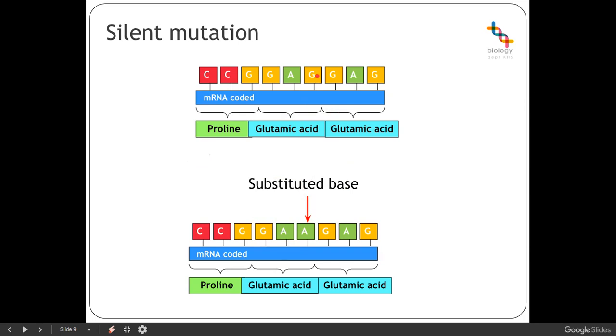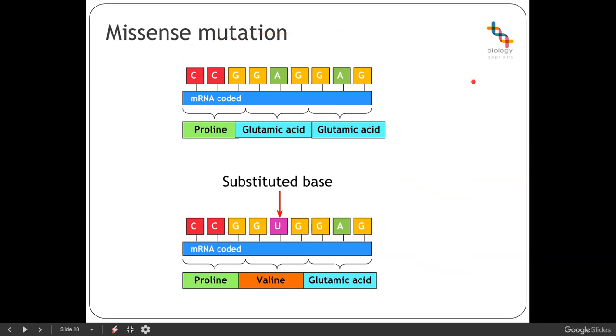All we've had is we've substituted this G for an A, but it's resulted in the same amino acid being included within the polypeptide chain. And that's what we refer to as a silent mutation, because you wouldn't notice it, the organism wouldn't have any particular changes to it. We've got exactly the same protein as we would have had originally.